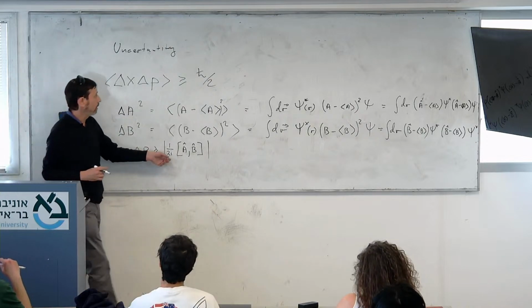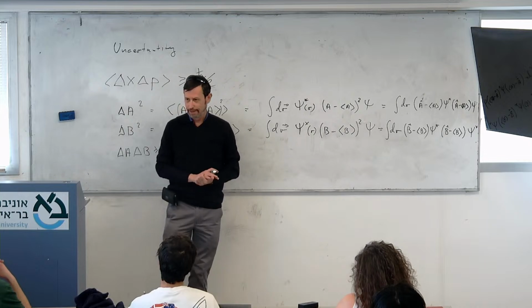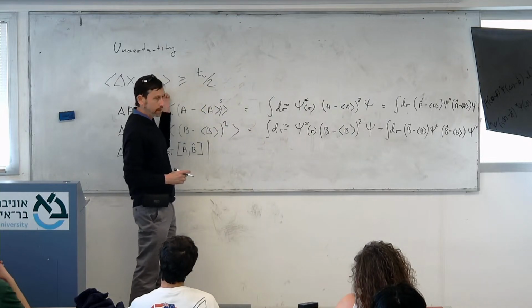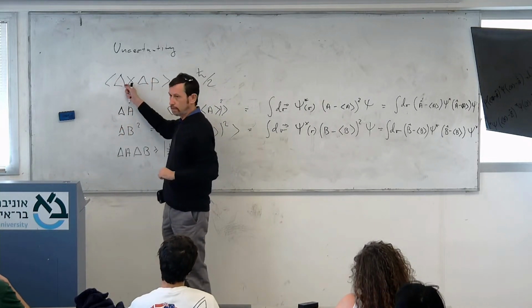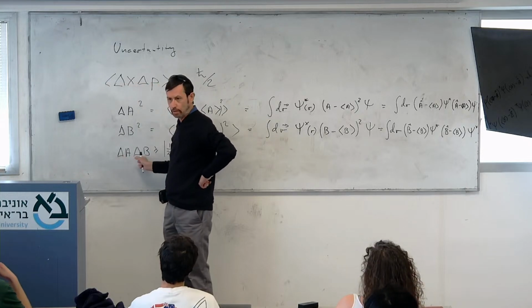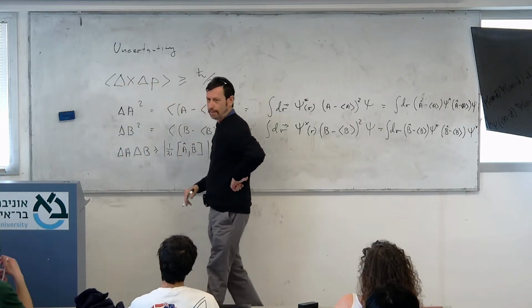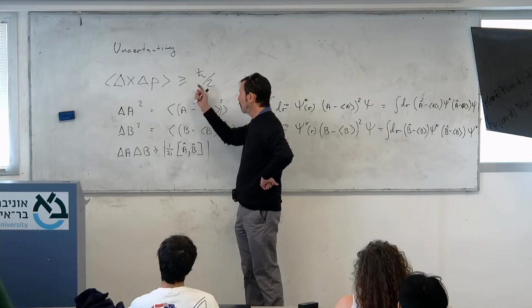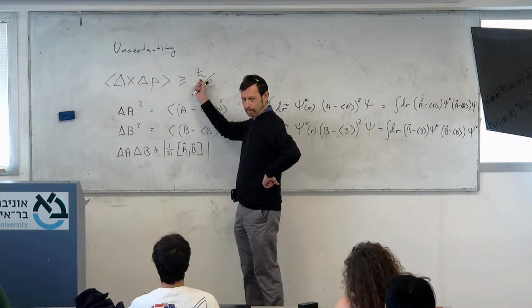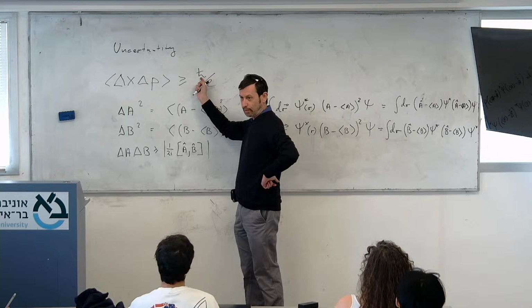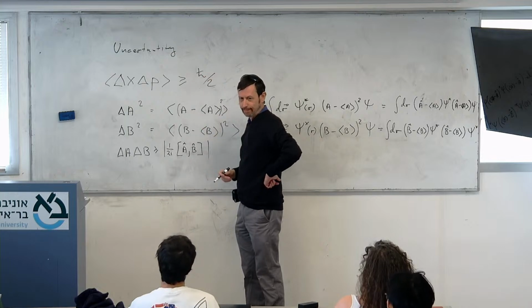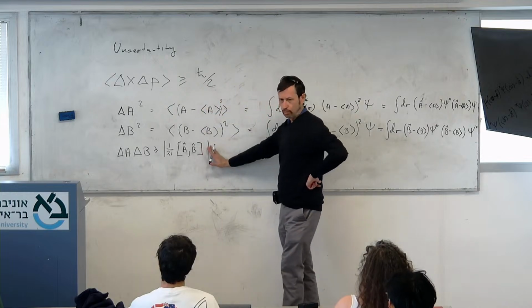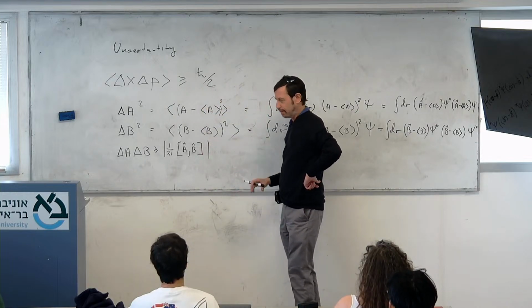How is that connected to that? We'll see. No. This is a specific law for delta x and delta p. This is general for any two operators. And if you remember, the commutation relation between x and p is i h bar. Okay, but we're now trying to prove this statement.